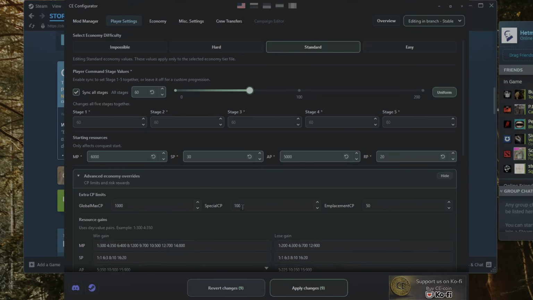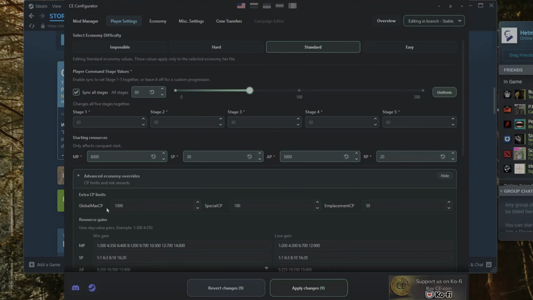This is referring to special CP, and of course you use special points to essentially buy them. Over here, having placement CP, which I think refers to those special emplacements that you can get. They don't really exist in vanilla, but they exist in CE. And you need field engineers to construct them, like bunkers and special emplacements, machine gun nests, and stuff like that.